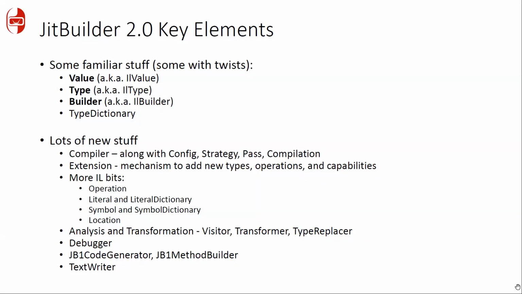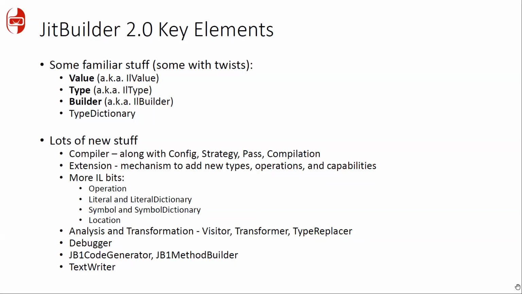Extension is one of the big new things that's there now, which is the basic mechanism by which new types and operations and capabilities get added to a JitBuilder compiler. There's a few more IL bits outlined here with operation and literal dictionary and symbol dictionary. Didn't used to have symbols. Literals didn't have a literal dictionary before.